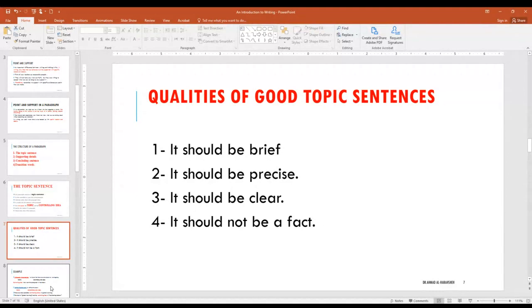Directly, you should ask yourself this question when you write a topic sentence. You should ask yourself, is it a fact or an opinion? Your topic sentence should be an opinion, not a fact, because a fact nobody can argue about. You can't convince us that cows give eggs.